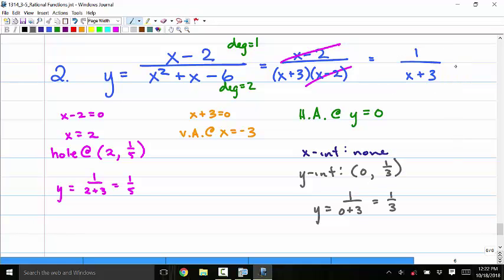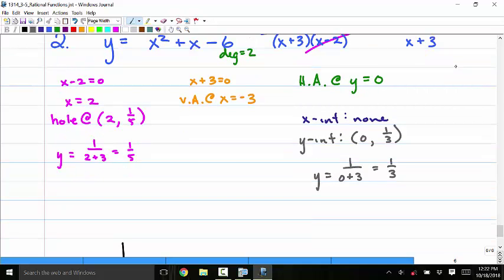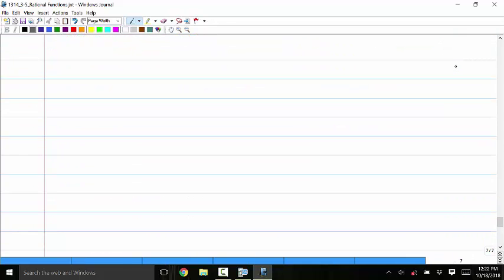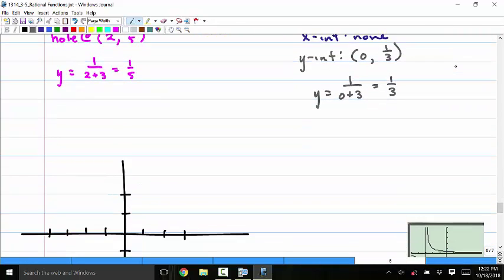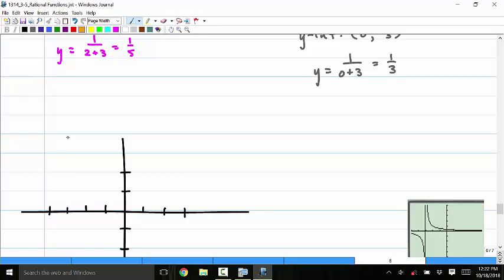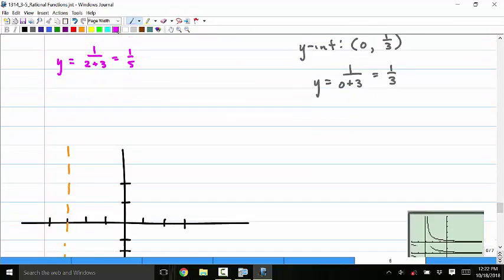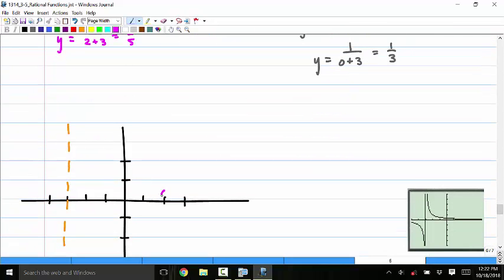Is that all we're supposed to find? That's everything. Okay, vertical asymptote, x equals 3. No, negative 3. A hole was at 2, 1/5. Y-intercept was at 0, 1/3.